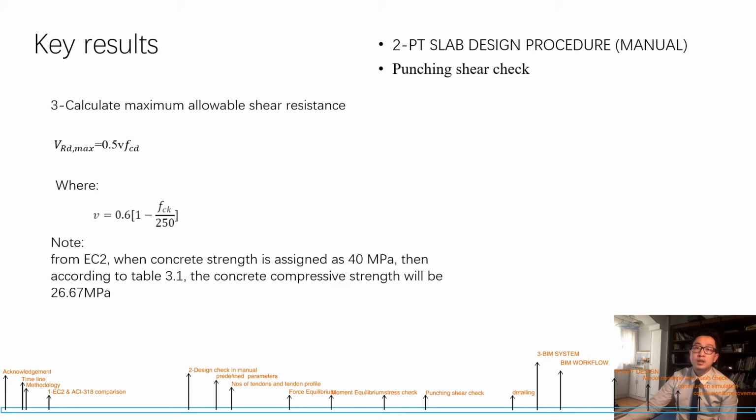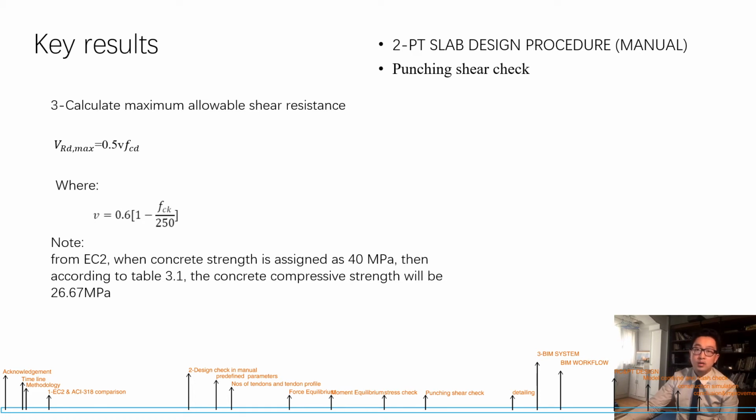After step 3, we need to make sure that all the demand shear is lower than the allowable shear resistance, so that we can proceed with step 4. Otherwise, we need to redesign the section.